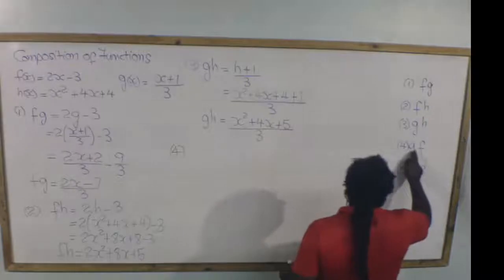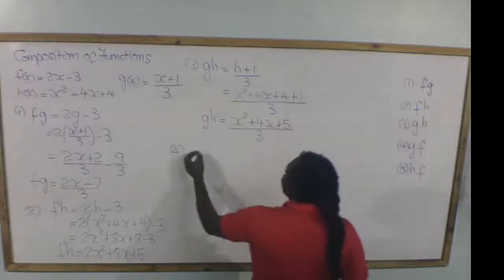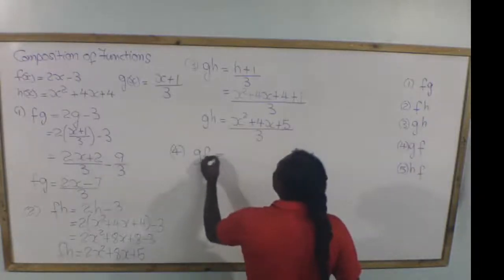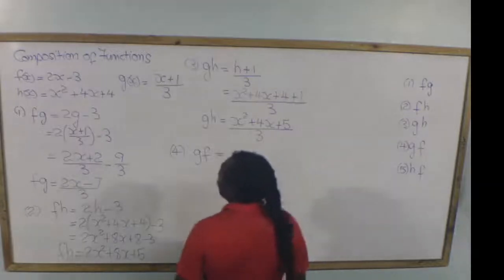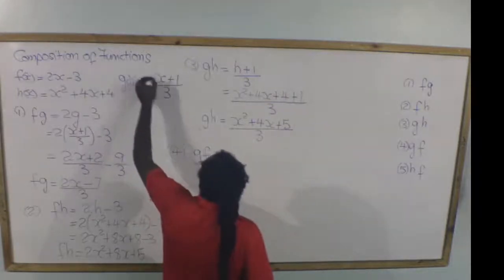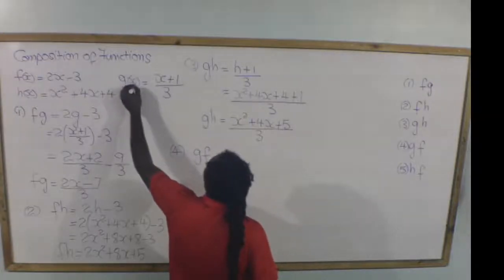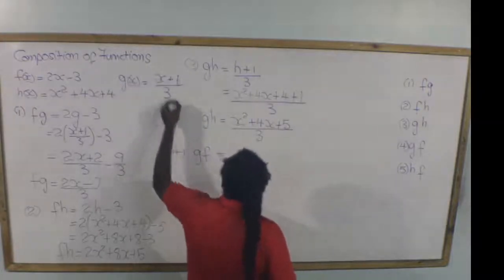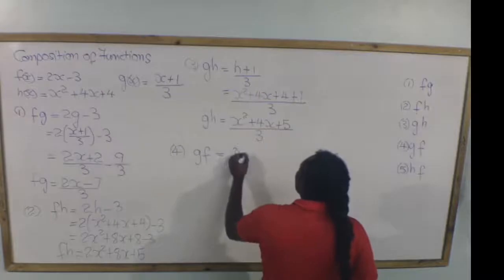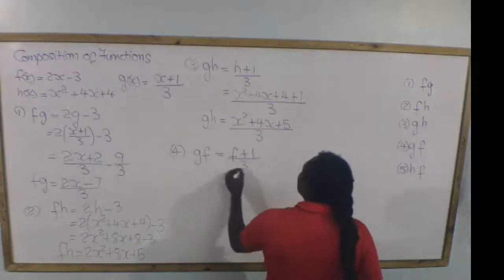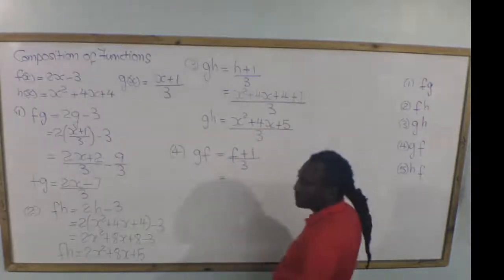Number 4, what do we have there for number 4? G of f. G of f, what is that equal to? G of x is x plus 1 over 3. So g of f must be f plus 1 over 3.